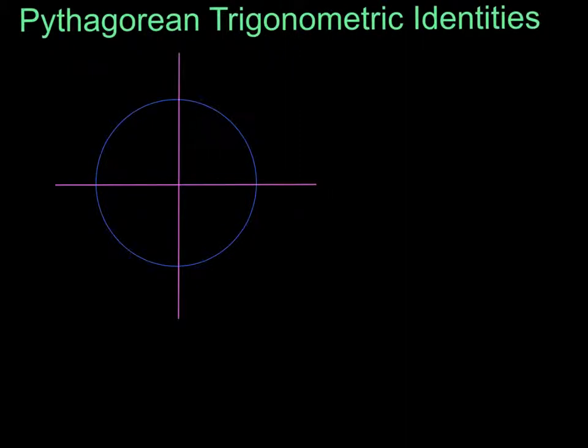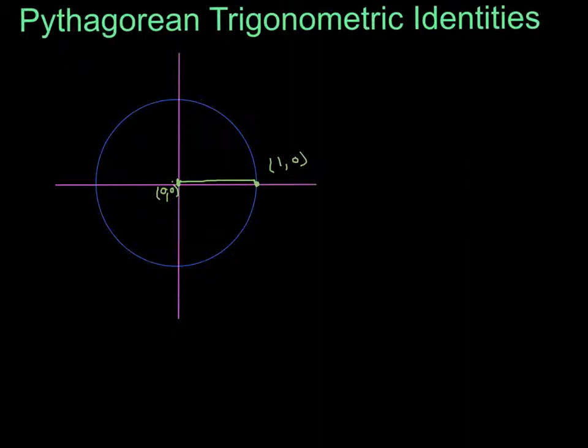Okay, so if I have my unit circle, that means from the center point, 0, 0, to the outer edge is 1, 0, giving me a radius of my circle of 1.